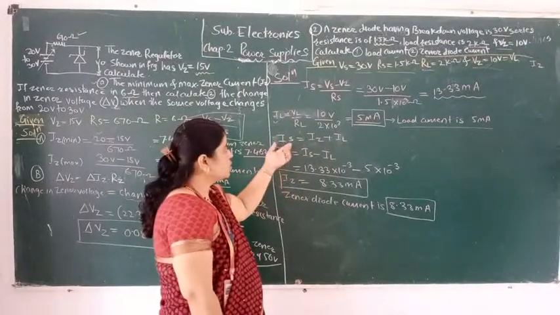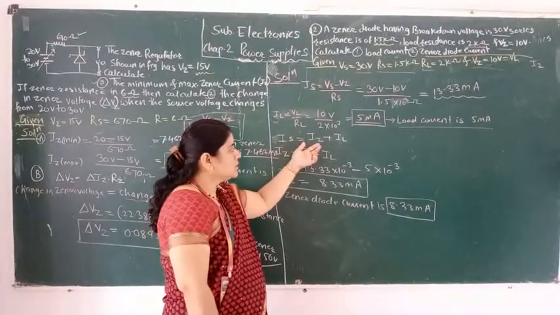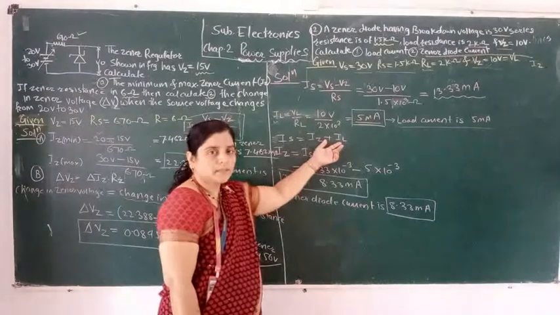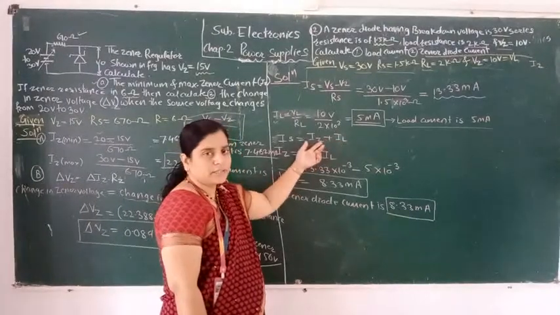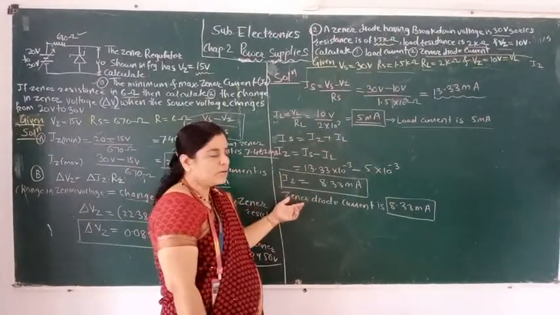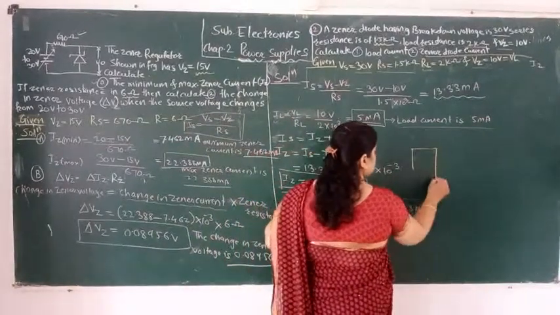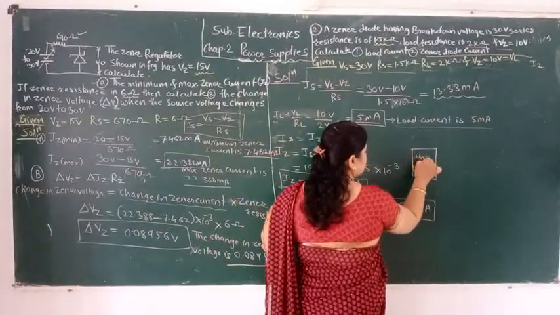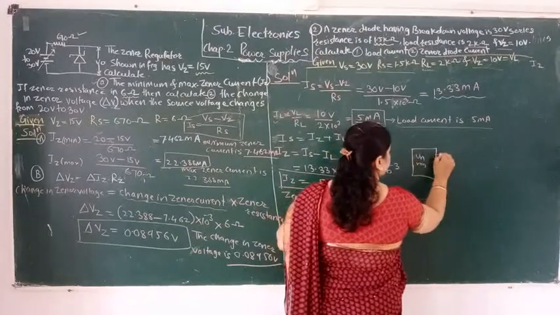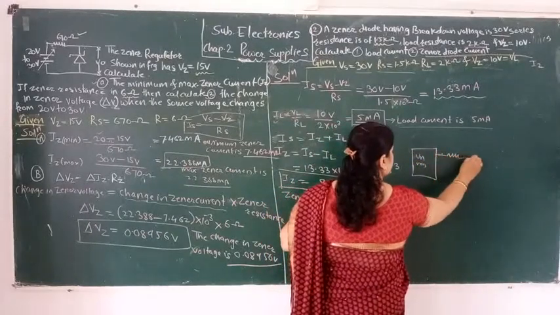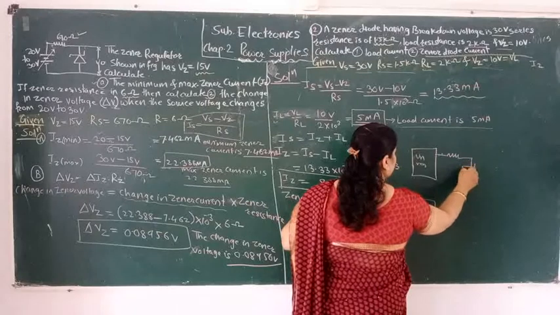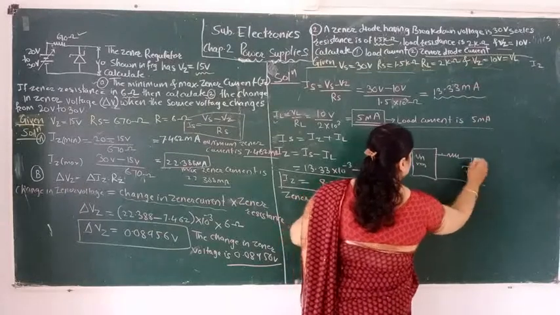Now the source resistance, Zener current and load current we have seen in the previous lecture on the circuit diagram. We saw an unregulated power supply, then one resistance connected, then one Zener diode and one load resistance.